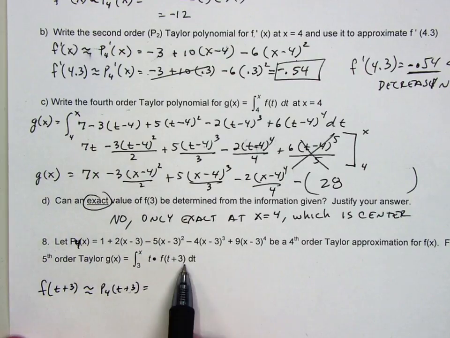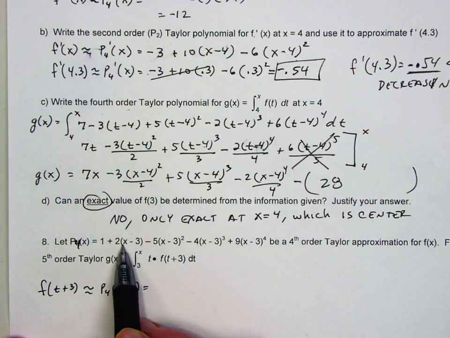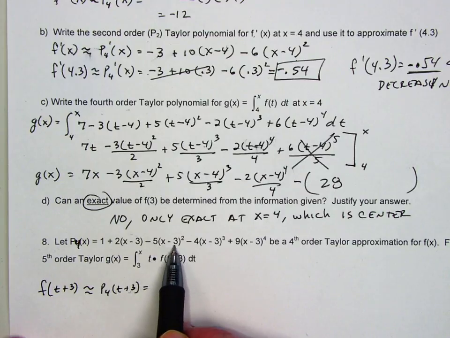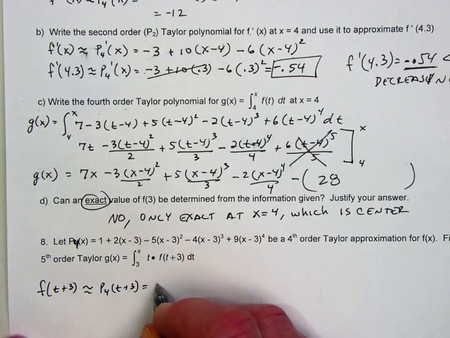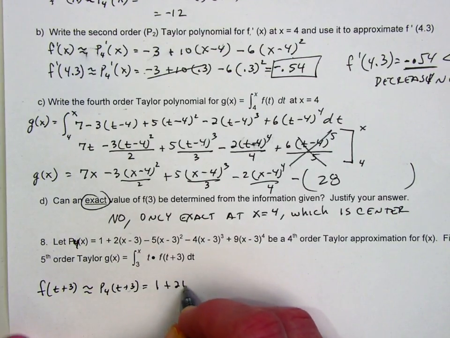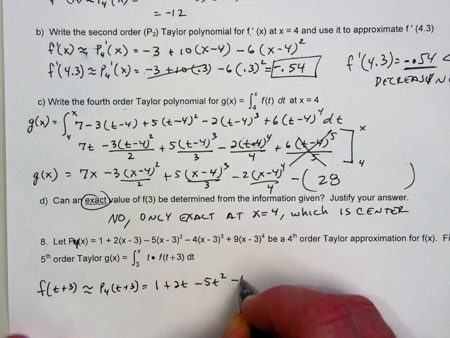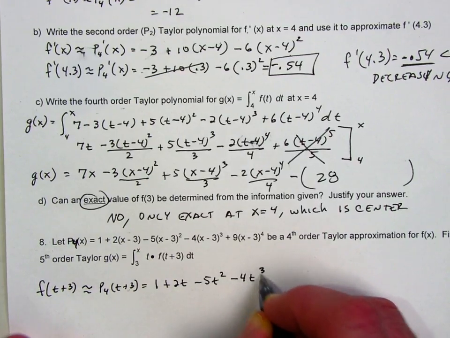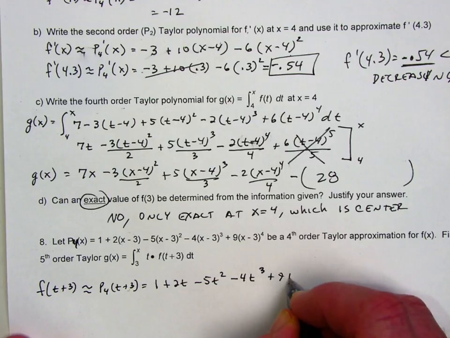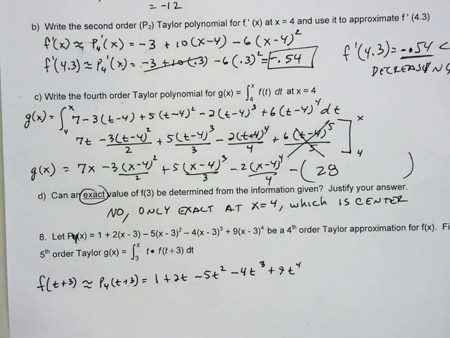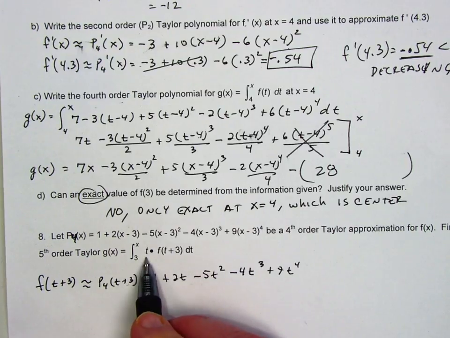And what happens whenever I plug in t plus 3, this is just t plus 3 minus 3 is t. So you get 1 plus 2t minus 5t^2 minus 4t^3 plus 9t^4. Okay? All right. So now we still got to multiply through by t.